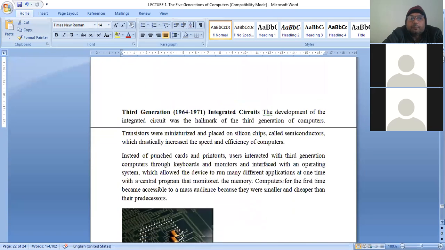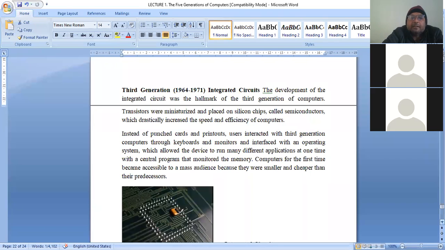Now the third generation of computer. The third generation came from 1964 to 1971. They used integrated circuits, which was the main advantage over the first and second generation computers. That means there was one chip, and many transistors were kept on that single chip.